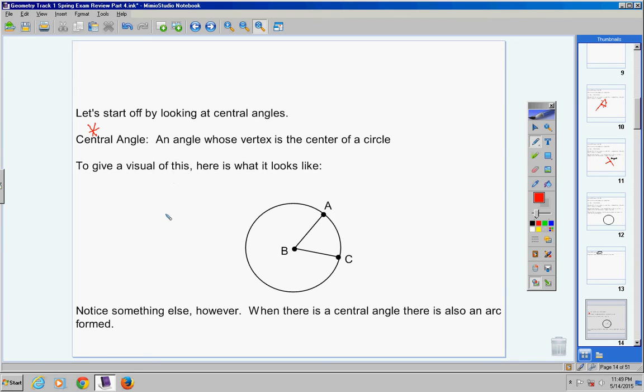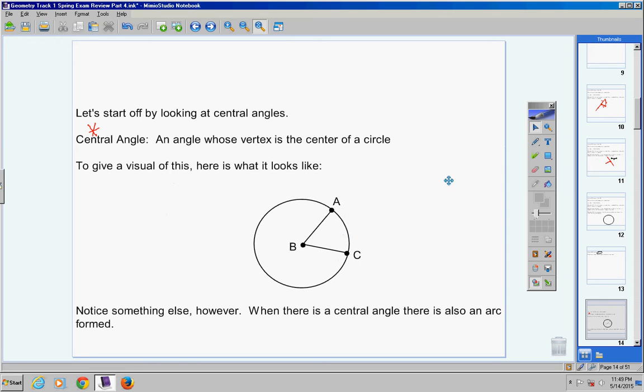Now remember, a central angle always has its vertex at the center of the circle, students, is called a central angle. Got it?